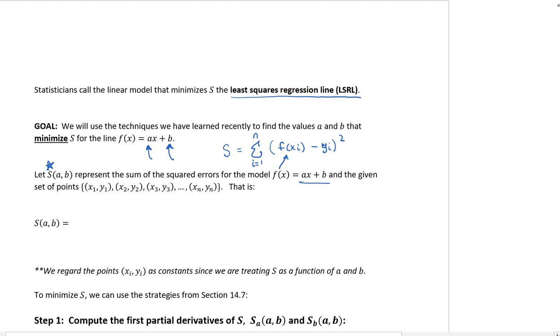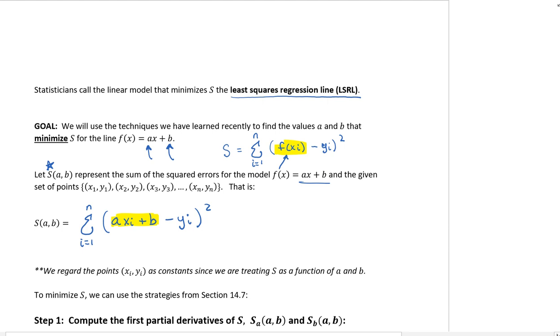So writing our function s with our linear model, that is going to be the sum from 1 to n of a times x sub i plus b minus y sub i squared. So please just note, we're taking that function right there and we're trying to fit a best line. So we're going to use a linear function where a is our slope and b is our y-intercept. And we need to minimize this thing to find our line of best fit.